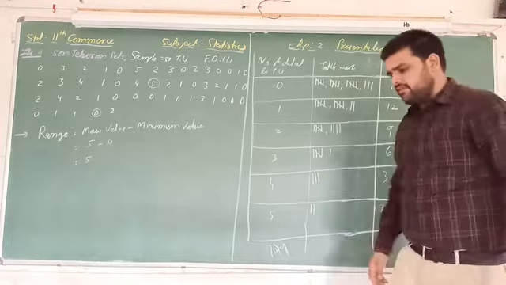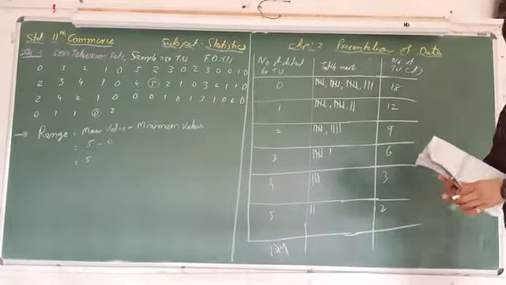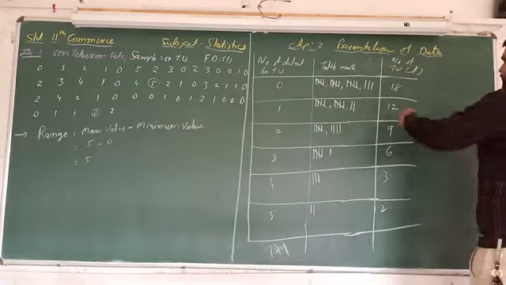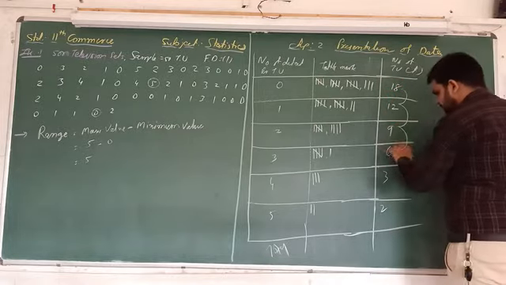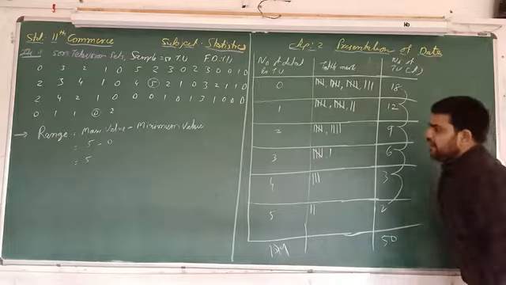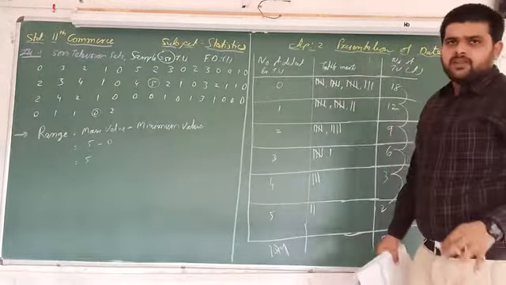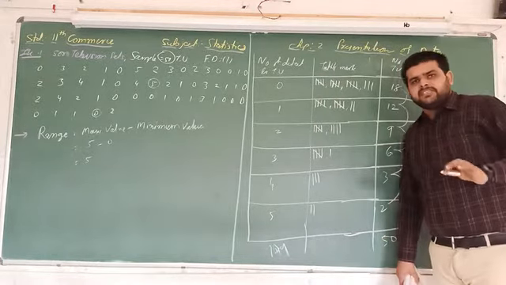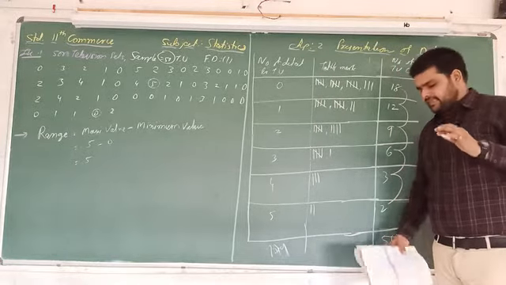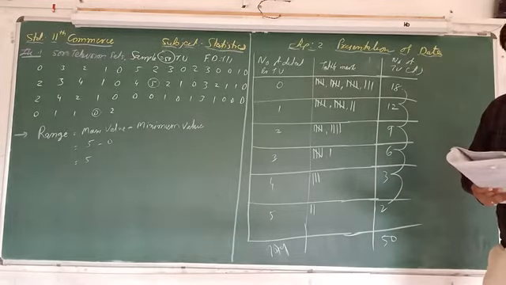When we add all the frequencies, 15 plus 12 plus 9 plus 6 plus 3 plus 2, our answer is 50, and that is our sample size. It means that no information is missing. In this way we can find out the frequency distribution.